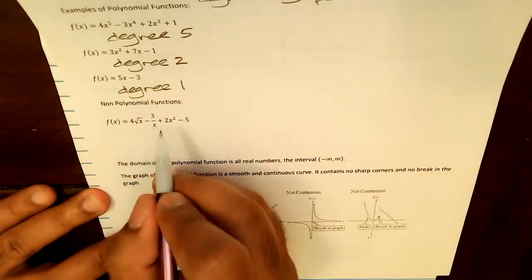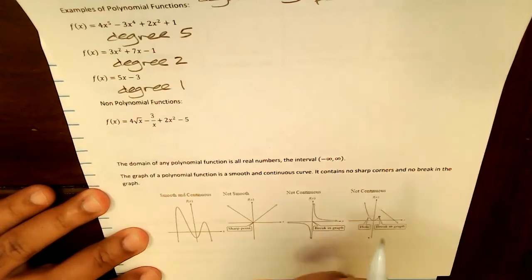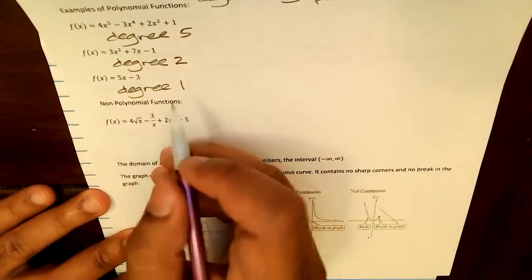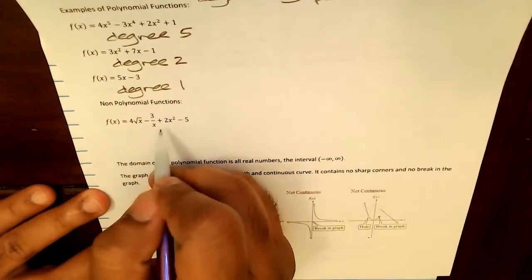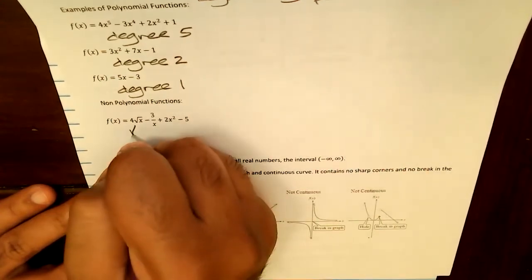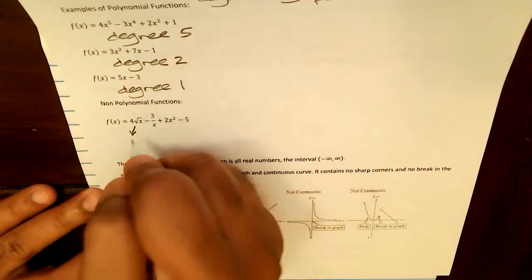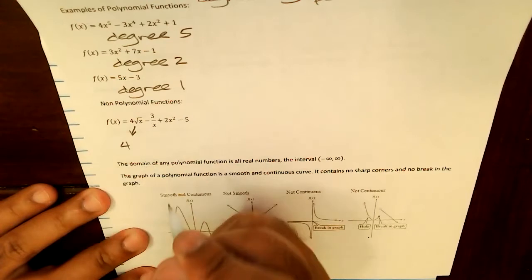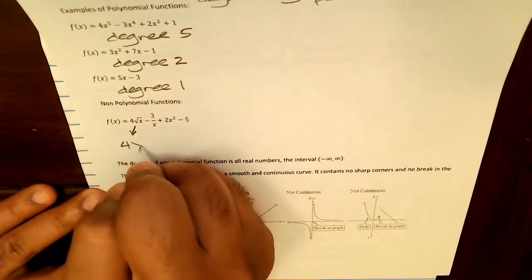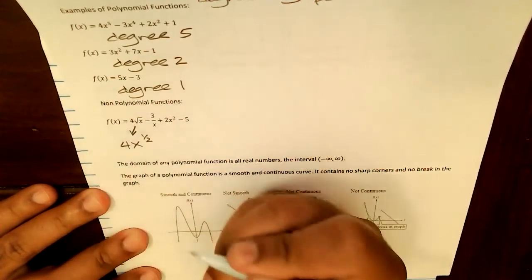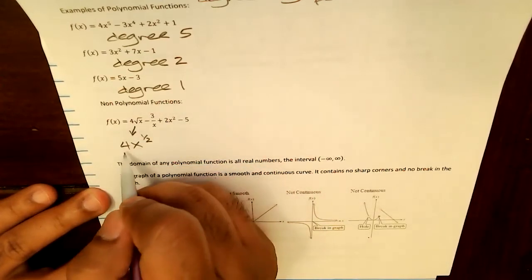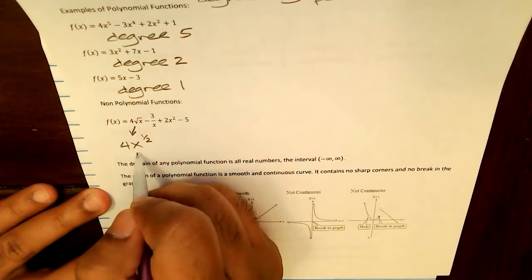Down here, we have an example of a function that is not a polynomial. The reason why this function is not a polynomial is because of 2 terms that we have in it. First, the term 4 square root of x. We can write the square root as a power, and the square root is the same thing as power 1/2. So 4 square root of x can be written as 4x to the power of 1/2.